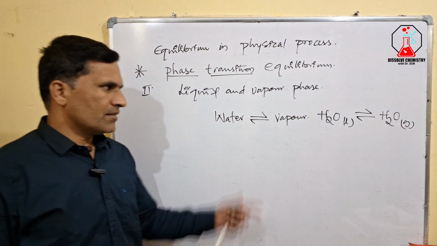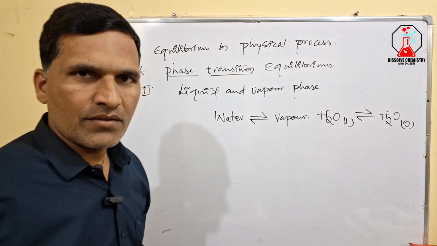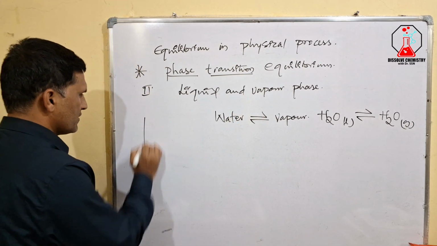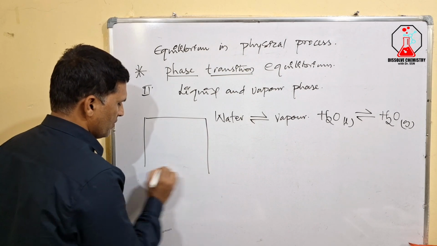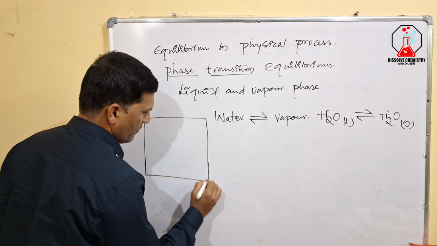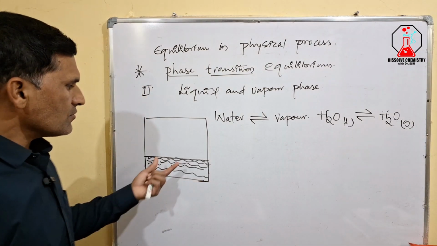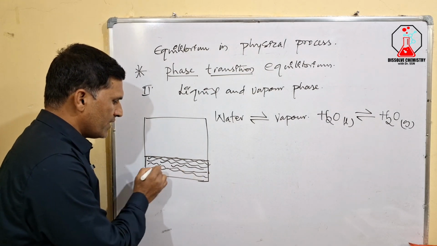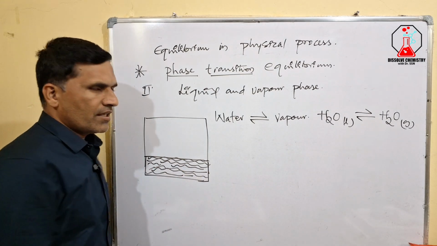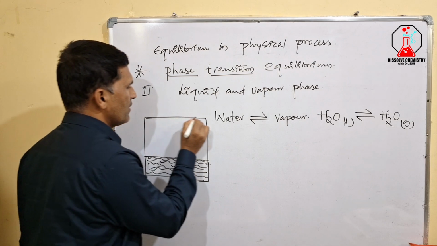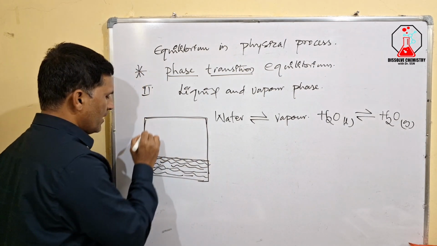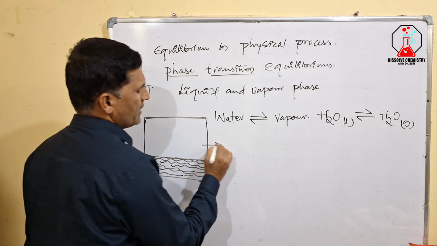To understand this one, you assume that you keep the facility of measuring the vapor pressure. You take a known amount of water, keep it in a closed vessel and maintain the temperature constant.